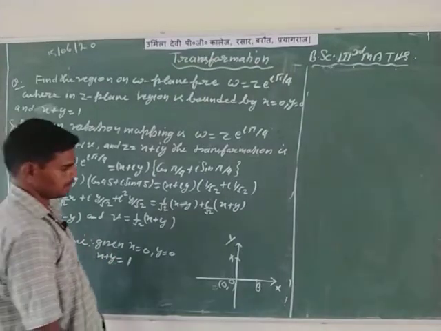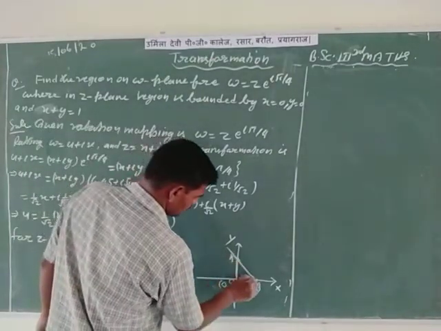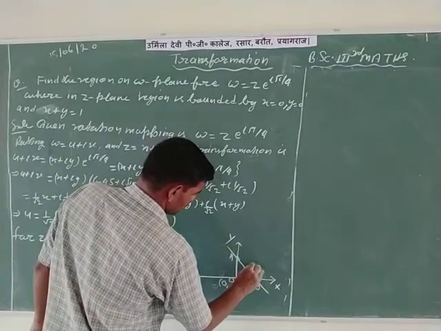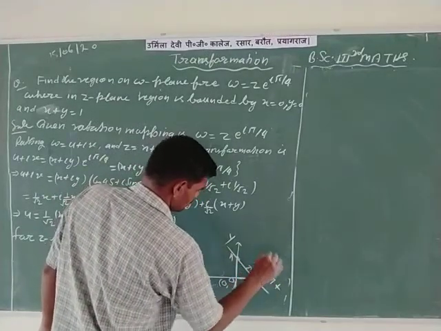This line is represented by line AB, x plus y is equal to 1.